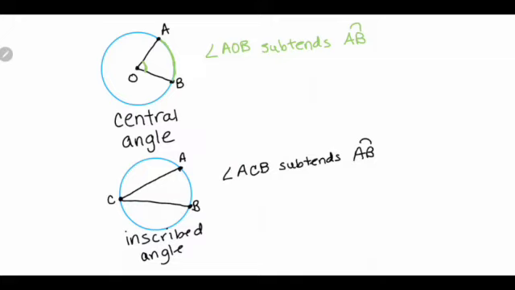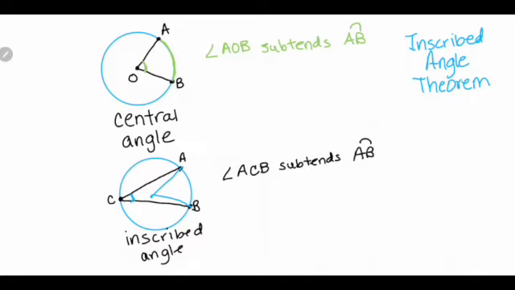Now there's something that is called the Inscribed Angle Theorem. And this basically says that any inscribed angle, you could measure it and it would be half the amount of the central angle that subtends the same arc.